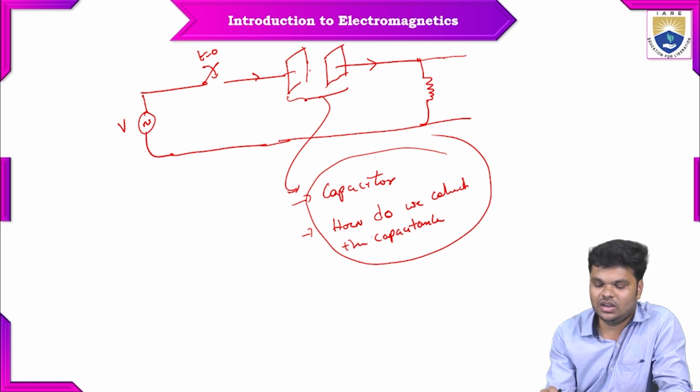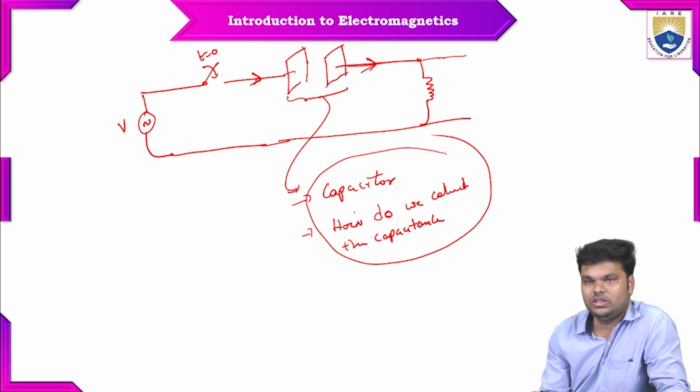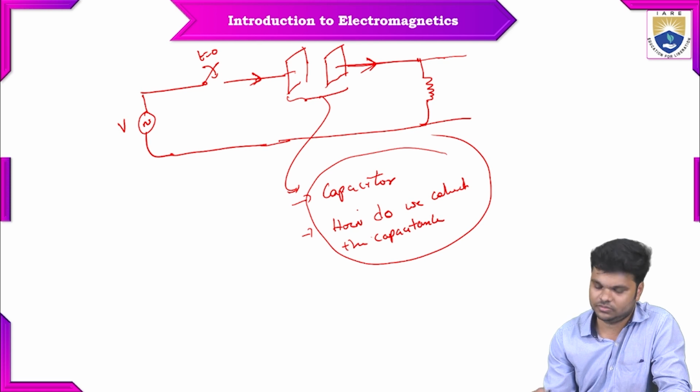There is something called displacement current that flows in between these metal plates, and here we have conduction current, which generally exists in wires, and here we have displacement current, which is generally present in between those plates. So you may not be able to understand what this displacement current is at this moment, but in the later sessions of this course we will study all those things in detail.